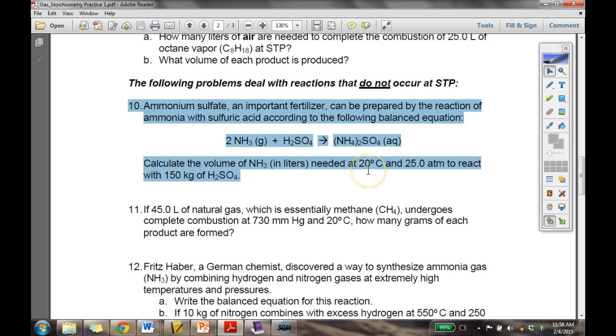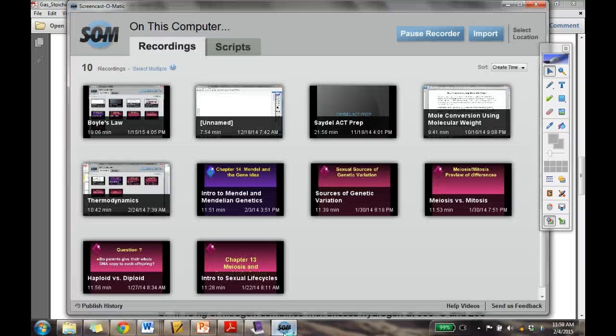All that information is found in here. That's our 20 degrees Celsius. We added 273. We have 25 atmospheres. Our R value is always a constant. And then n is the one that we don't know. So what we have to do is convert this 150 kilograms of H2SO4 into something we can use, the number of moles.